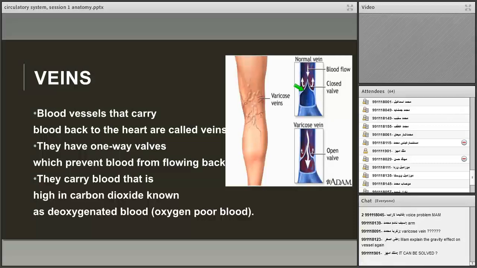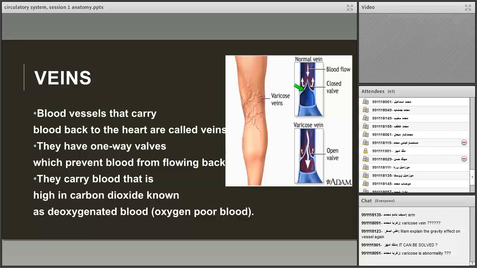Yes, I will explain that again. Look at this picture. Yes, it can be solved by surgery. The blood is flowing from the heart to all parts of the body.